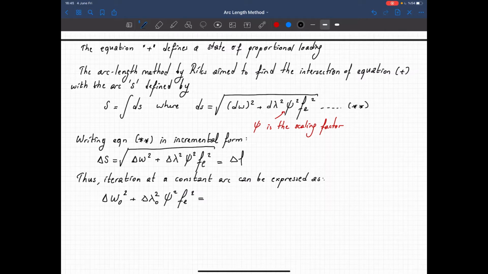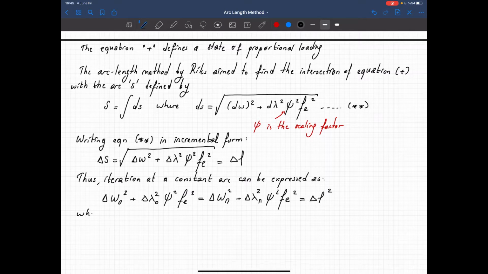Since we kept the arc length constant, that should be equal to the displacement at the nth iteration plus the load factor at the nth iteration, phi squared FE squared, and they should all be equal to delta L squared. So this gives us an additional constraint equation.